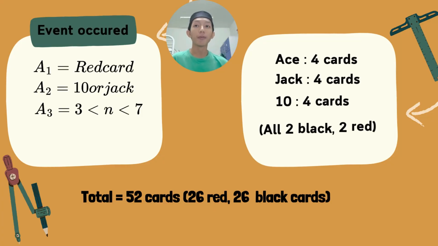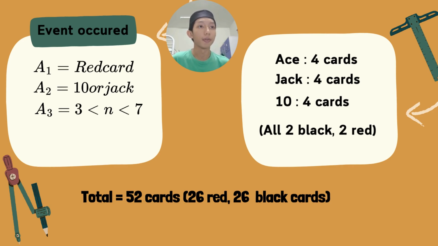Okay, so now to find the probability of the event A1, A2, A3, we need to consider the individual events. A1, the first card drawn is a red ace, A2, the second card drawn is a 10 or a jack, and A3, the third card drawn is greater than 3 but less than 7, which means it can be 4, 5, or 6.